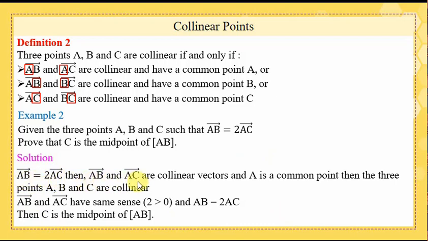So AB vector and AC vector are collinear vectors and we have point A in common, then the 3 points A, B, and C are collinear. Also, AB vector and AC vector have the same sense since AC is multiplied by 2 and 2 is a positive number, and the magnitude of AB vector equals 2 multiplied by the magnitude of AC vector, then C is the midpoint of segment AB.